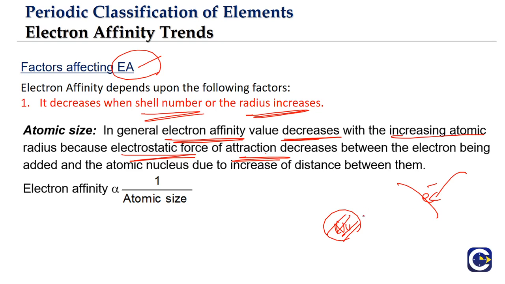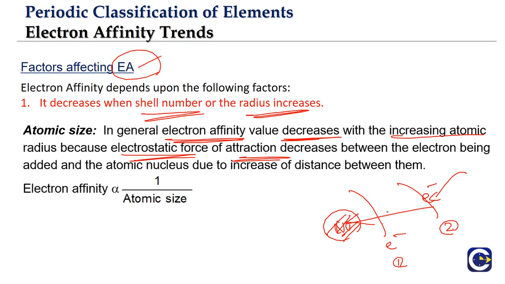So we look at two examples. Say for example, this is case 1 where we have the outermost shell here. This is case 2, where the outermost shell is there. When we are adding the electron to case 2, which is the farthest one, what you are going to observe is that the nucleus will not be able to attract the electron strongly, as a result of which the energy released will not be that much.